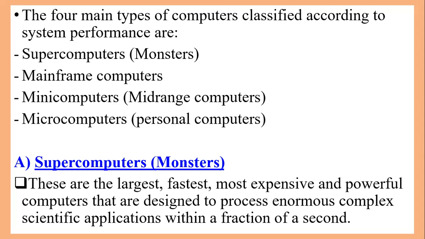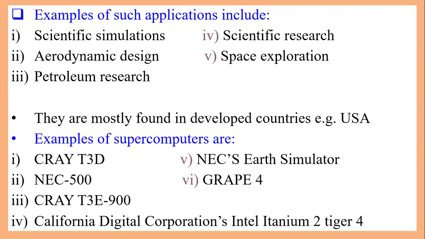Supercomputers are the largest, fastest, most expensive, and powerful computers that are designed to process enormous complex scientific applications within a fraction of a second. Examples of such applications include scientific simulations, aerodynamic design, petroleum research, scientific research, and space exploration.